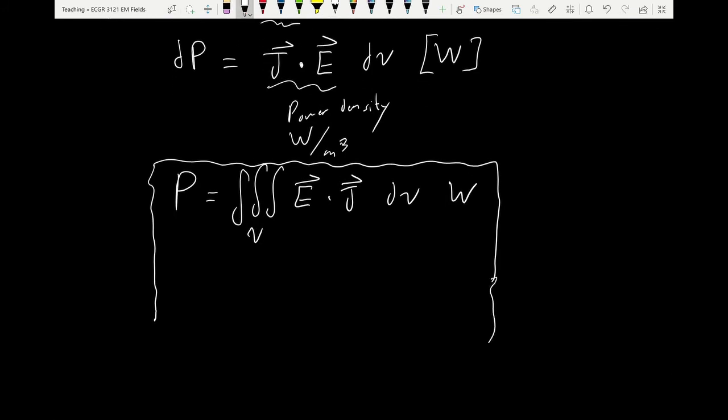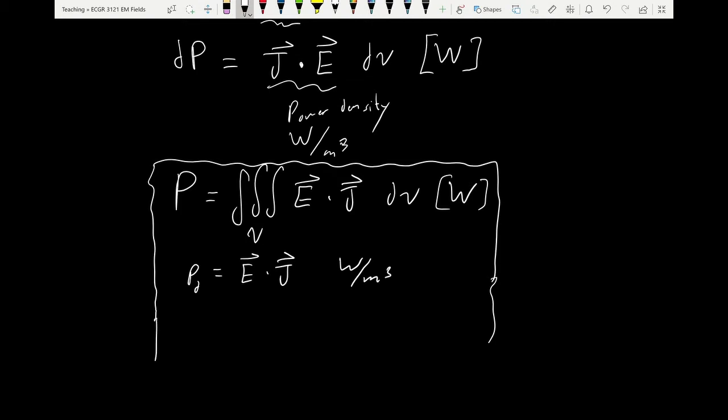This is the total power dissipated in a volume of space, and then the power dissipated at a point, let me call it small p, or power density. So d stands for density. The power density at every point of space is going to be E dot J, watts per meter cubed.